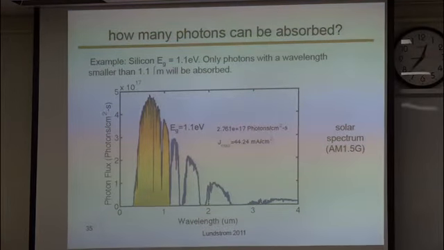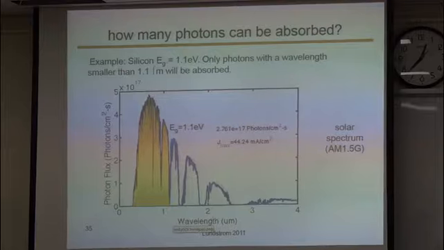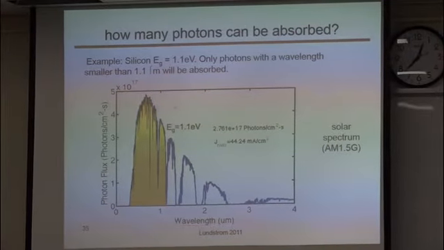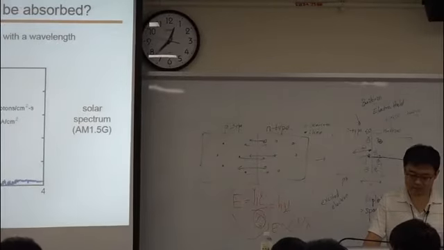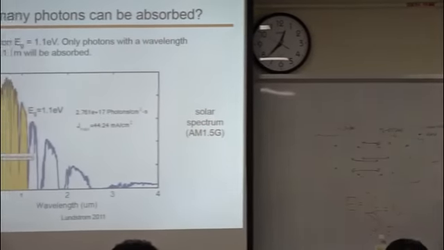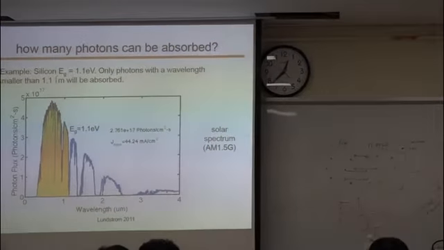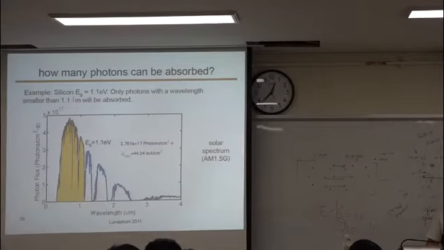Wavelengths can be converted into energy based on this equation, and depending on lambda, we can measure the energy. So energy will be proportional to 1 over lambda here. Lower wavelengths generate higher energy, and 1.1 electron volts represents this in wavelengths. So if we observe this area, then the solar cell will not work.